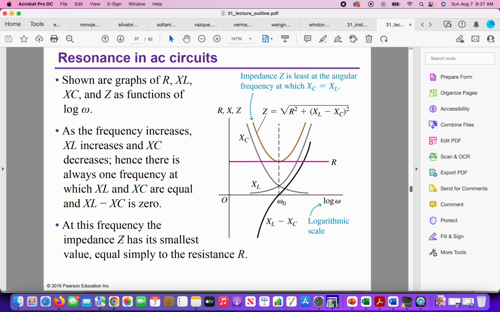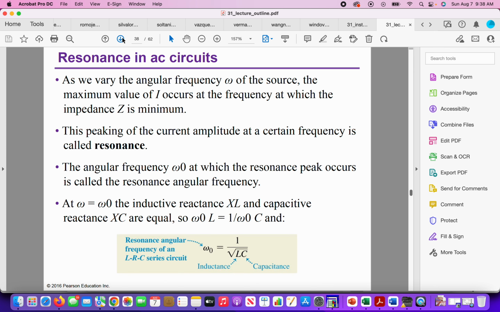At this frequency, the impedance Z has its smallest value, equal simply to the resistor R, because XL and XC are going to cancel. If we look at the Z curve here, it has that minimum where its value is R, the resistor value only.